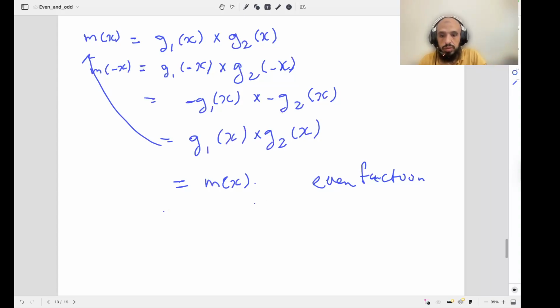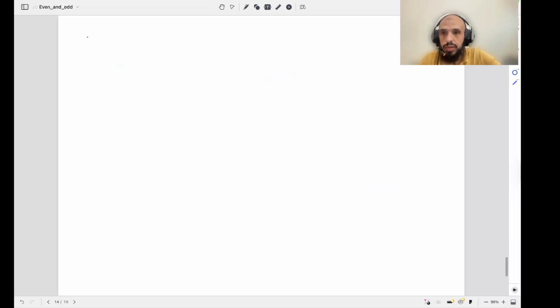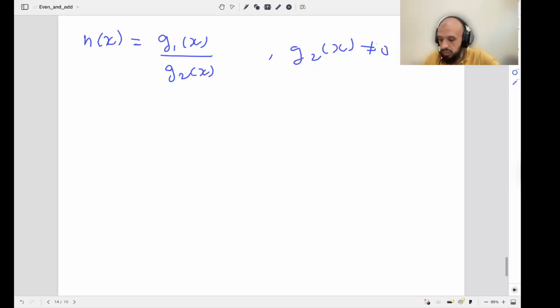Okay, what about division? If we have n of x equal to g1 of x divided by g2 of x, provided that g2 of x is not equal to 0, what's n of negative x?